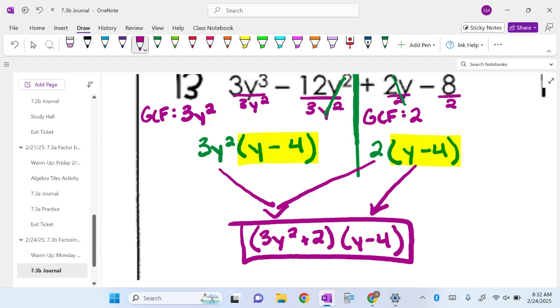We were doing a lot of what operation with polynomials? I'll give you a hint. Box and FOIL. What do we use those two methods for? Multiplying, right? You could multiply these back, check to see if you get what you started with. All right, that's how you can check.